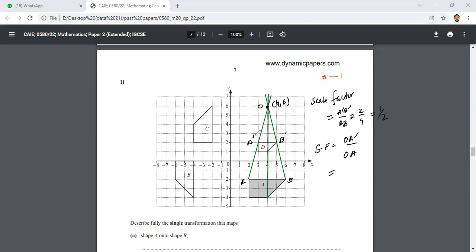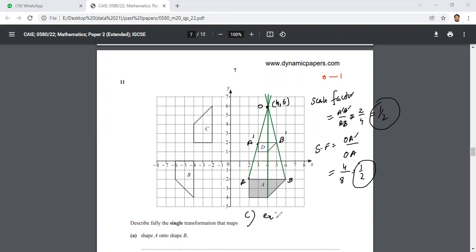Let me check: OA dash, we have 4 boxes, divided by OA, 8 boxes. So 4 divided by 8 means 1/2. So we find that our scale factor is the same both ways. It is 1/2, and the center of enlargement is (4, 6). So this is your answer of part 3.